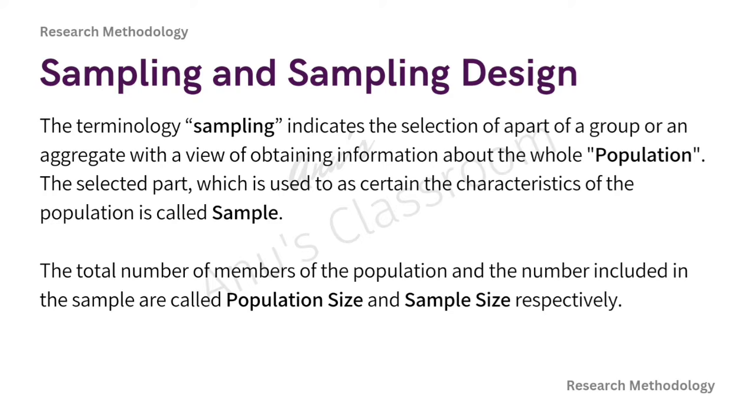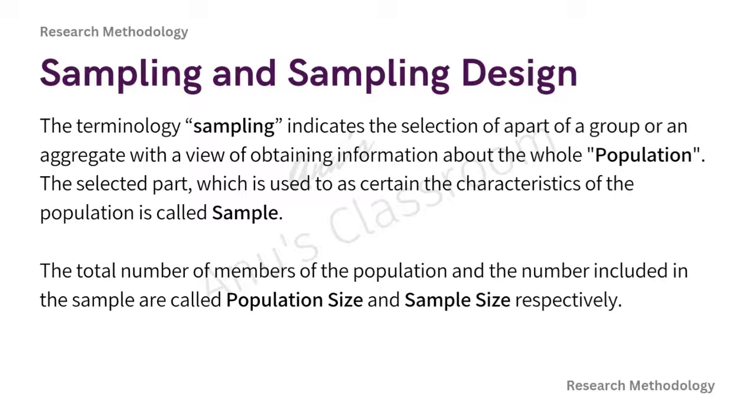Like if our research deals with something that is happening in India, then our population will be the entire Indian population. We cannot go and collect data from all Indians, right?